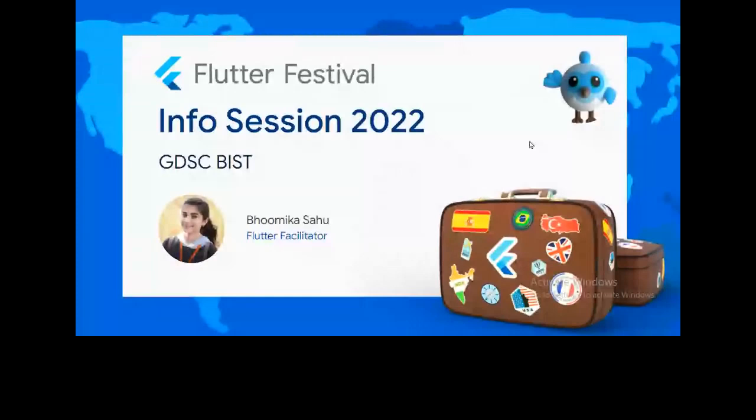Meanwhile, you can see this mascot. His name is Dash. A mascot is a symbol or a thing that is supposed to bring good luck, especially one linked to a particular organization or event. Can anyone guess the name of this bird?